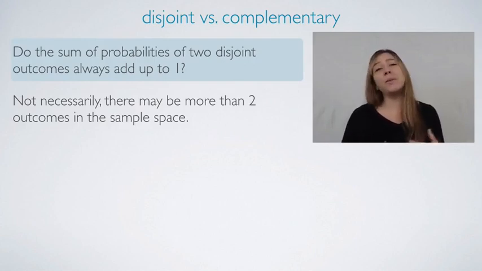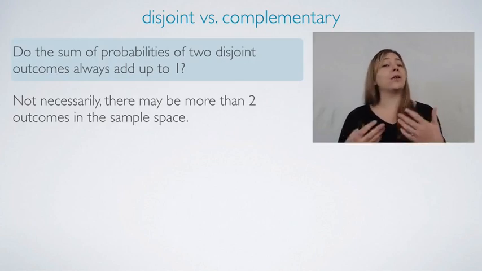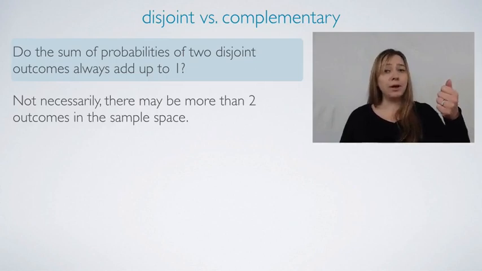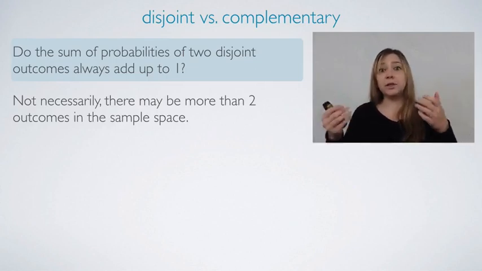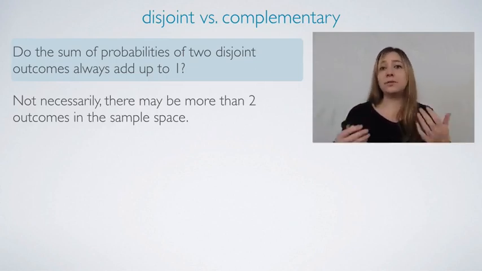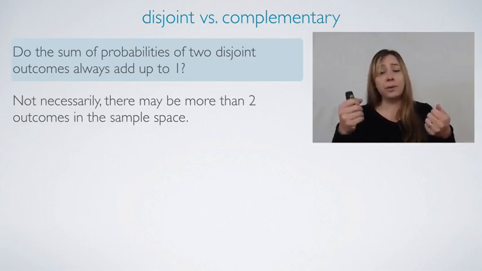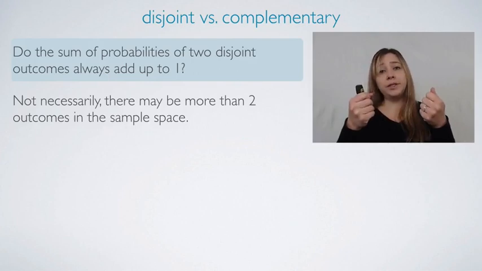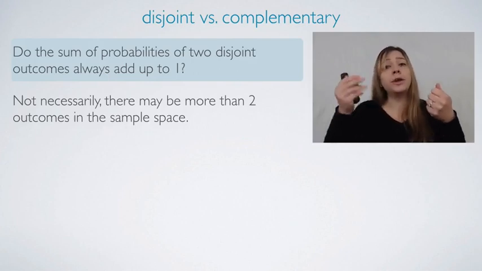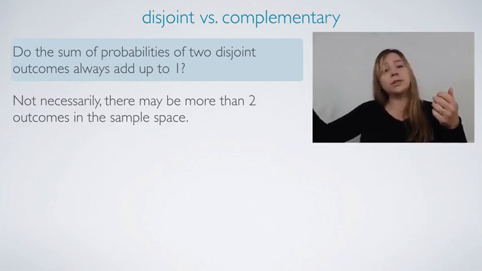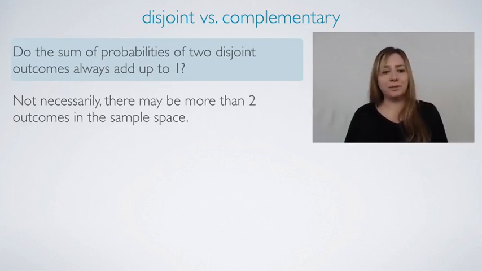For example, think about running a survey in the US. Let's say you're asking people their party affiliation. They might say they're a Democrat, a Republican, an independent, or something else. So in this case, if we were to take any 2 of those outcomes from there, let's say Democrat and Republican, the sum of the probabilities of those will likely not add up to 1, because you're going to have other people in your sample who associate themselves with the other parties.